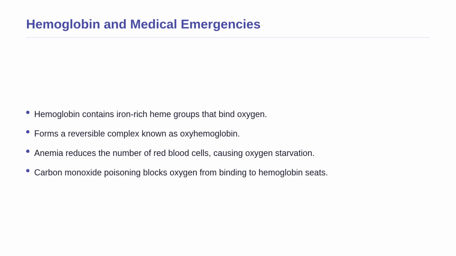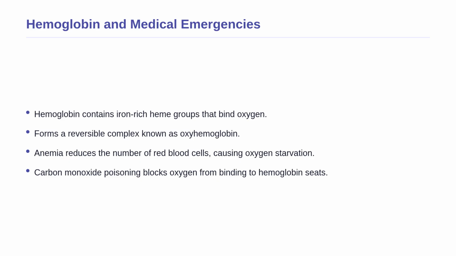Now that we know hemoglobin is the primary carrier, let us look at why its function is so critical. Hemoglobin contains iron-rich heme groups that bind to oxygen reversibly. This reversibility is essential because hemoglobin must grab oxygen in the lungs and easily let it go in the tissues. Understanding this helps us diagnose medical emergencies.